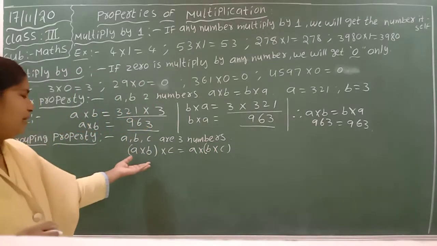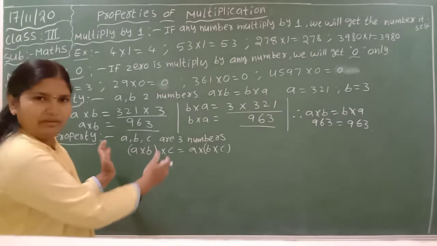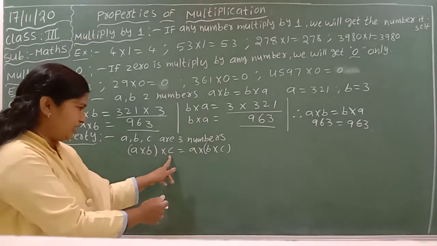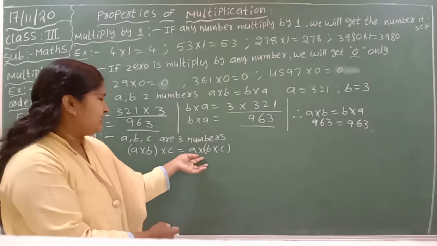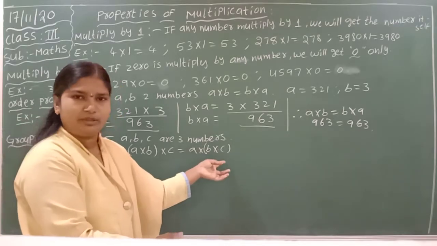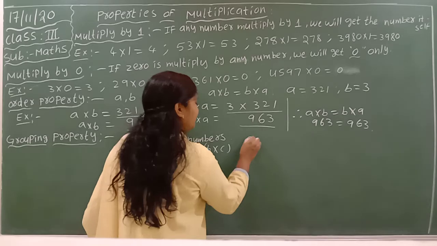Here we are multiplying first a into b and making it a bracket. Next is c. Here a I am keeping separate. Now I am multiplying b into c. Here you have to take the examples.